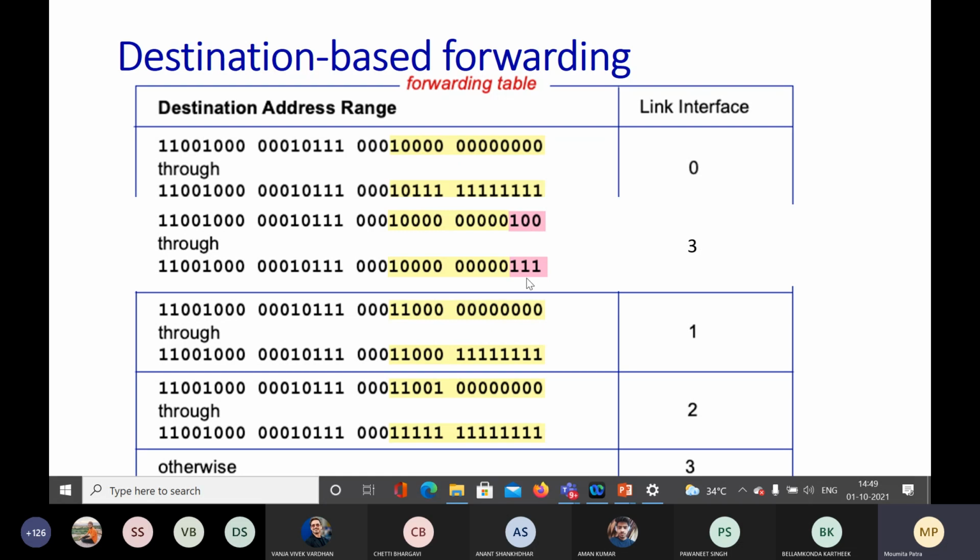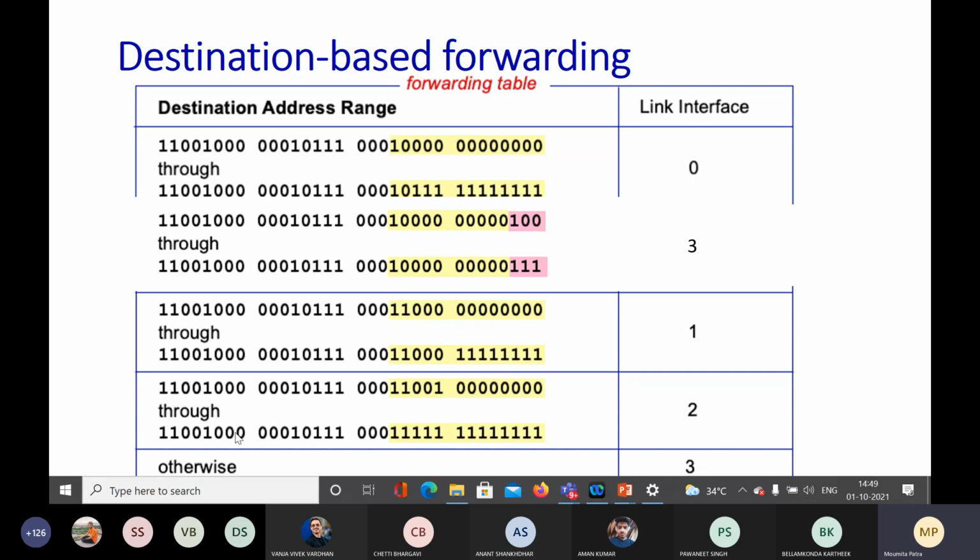Anyone could say, okay, fine, maybe it will fall under link interface 0, but it can also fall under the otherwise category, that means category number 3.